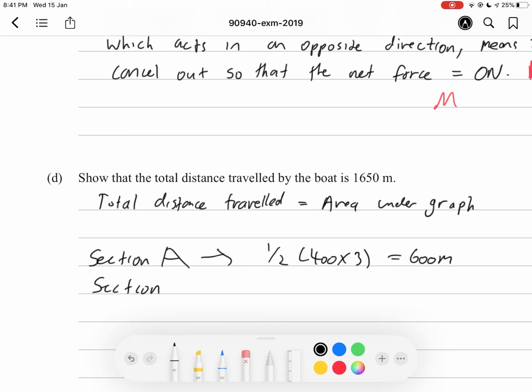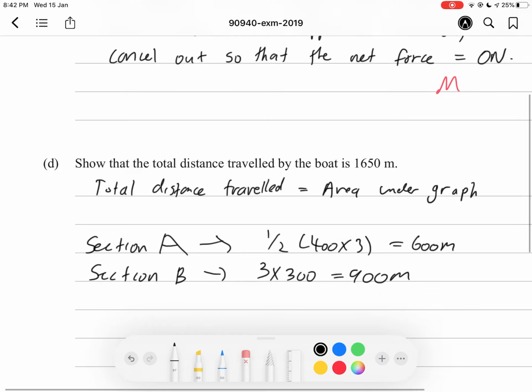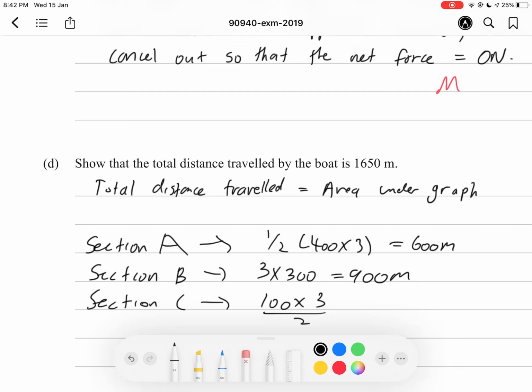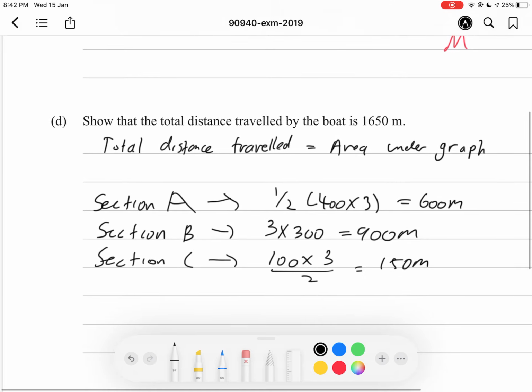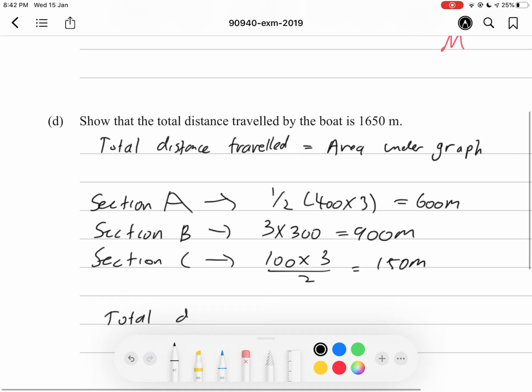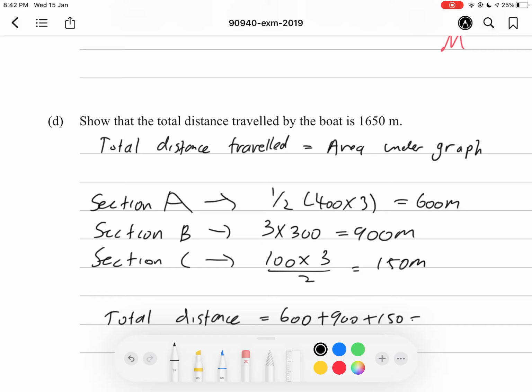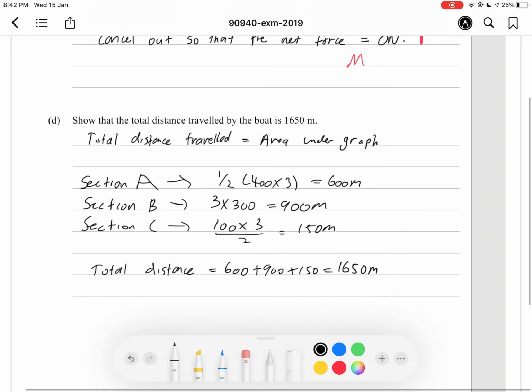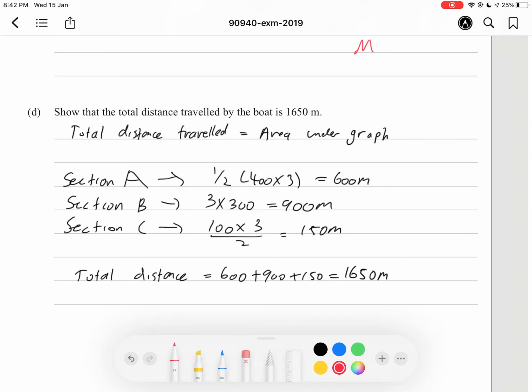Section B was 3 times 300, which is equal to 900 meters. And finally, section C was 100 times 3 divided by 2, which is 150 meters. So you can say that the total distance is equal to 600 plus 900 plus 150, which equals 1,650 meters. And that should be your final answer for this question.